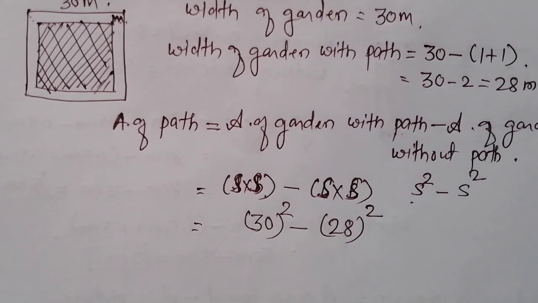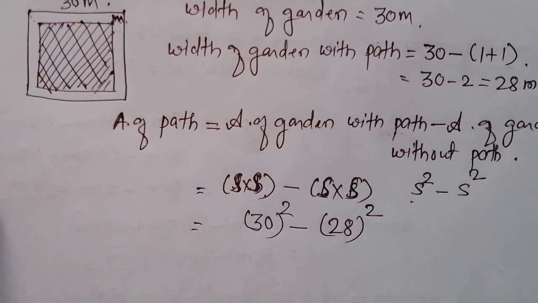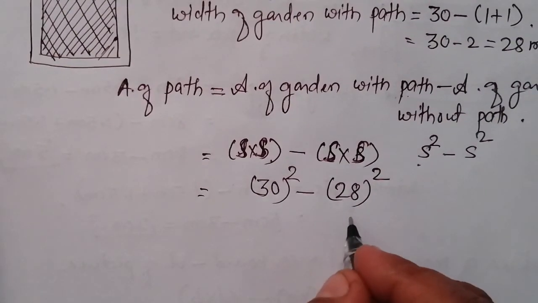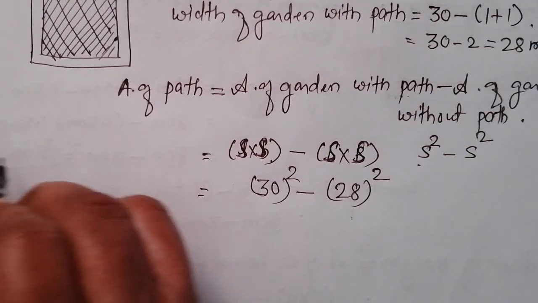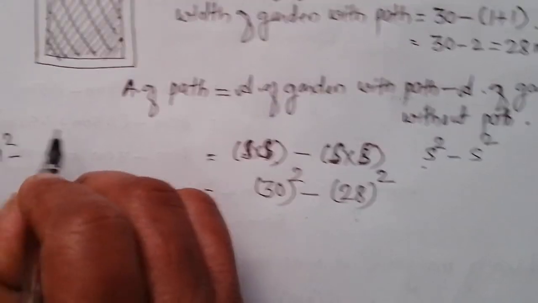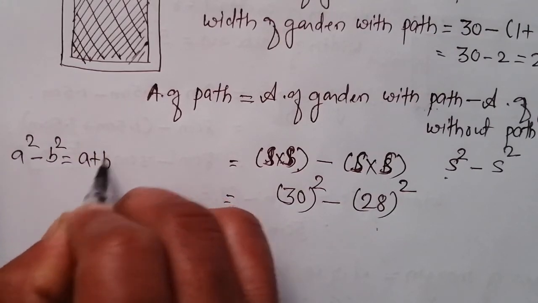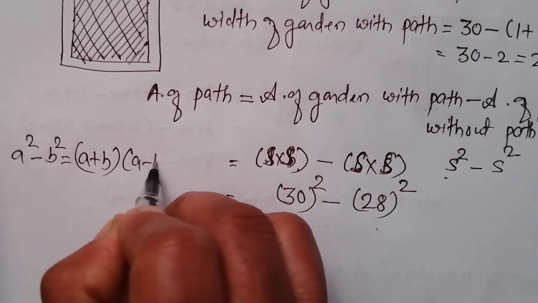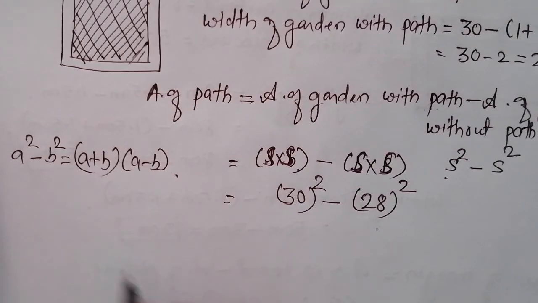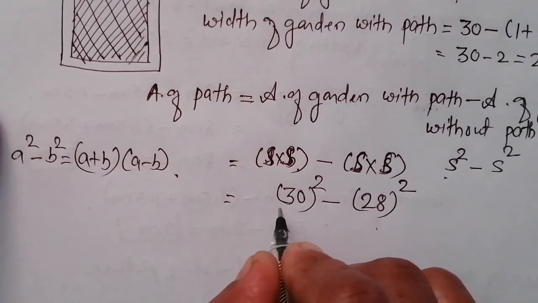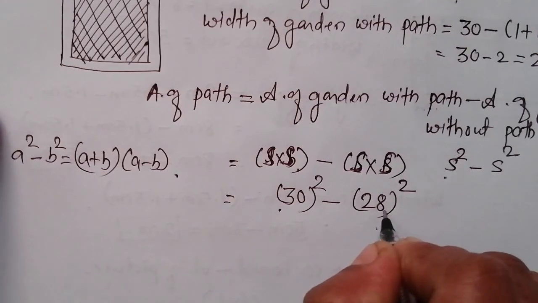Now here you can directly use the identity a square minus b square equals a plus b, a minus b. Or directly you can find out the area of each square and subtract.